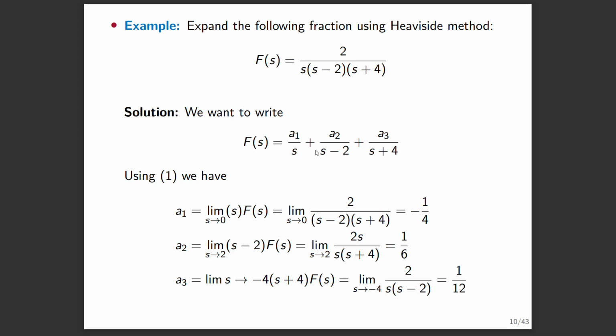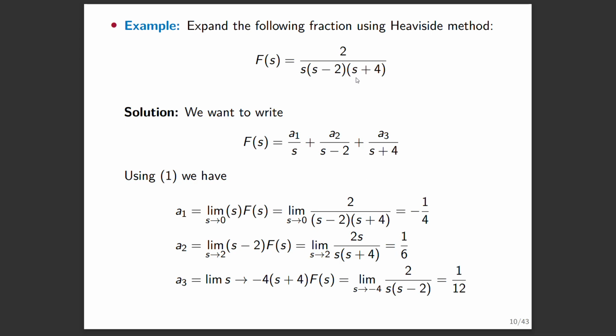Now I substitute the root of this term, which is positive 2. The numerator has 2. The denominator has positive 2, and then 2 plus 4, which is 6. So 2 divided by 2 times 6 leaves 1 over 6.